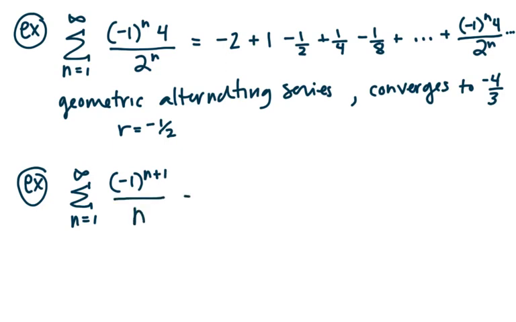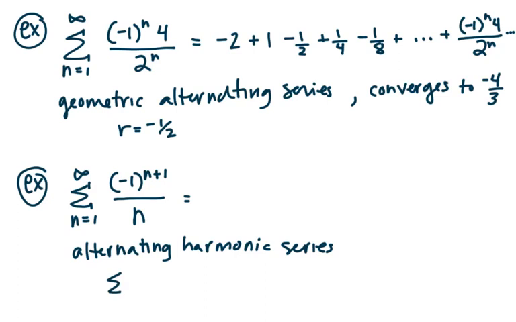And so this looks a lot like our harmonic series, but this is an alternating harmonic series. And keep in mind, we talked about a harmonic series before. That was the sum of 1 over n. So this just has that alternating term added in there, and we would be summing that.